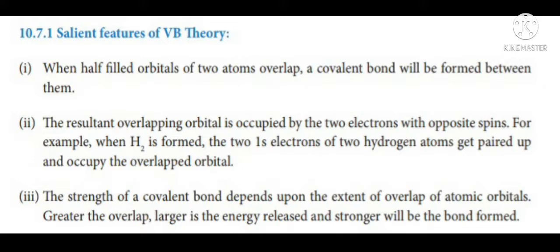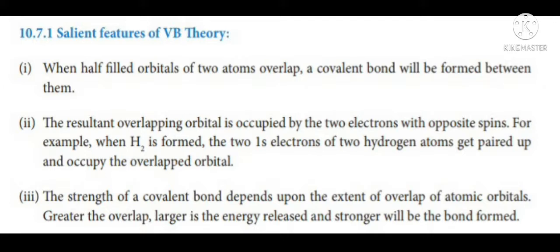Second point, the resultant overlapping orbital is occupied by the two electrons with opposite spins. For example, when the hydrogen molecule is formed, the two 1s electrons of two hydrogen atoms get paired up and occupy the overlapped orbital.